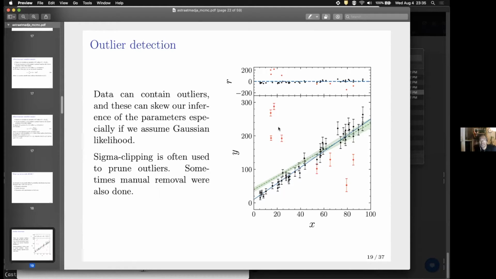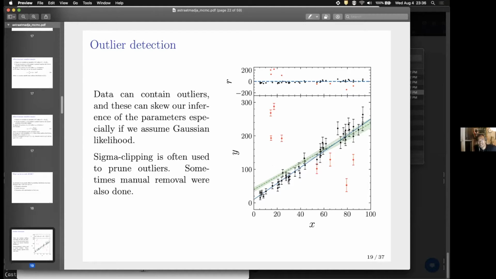So how do we deal with that? People like sigma clipping. Everybody uses it. Sigma clipping is basically we start from using all data and we calculate the residuals. And if the residuals are more than 3 sigma, then we get rid of the data. Then we restart the inference, calculating the parameters without the data that are more than 3 sigma.